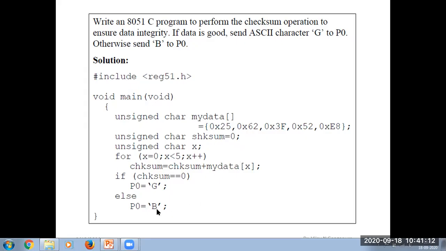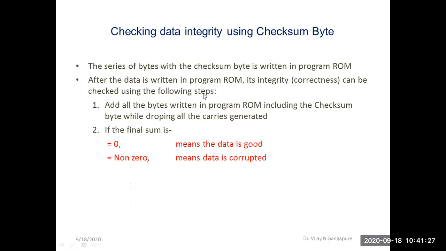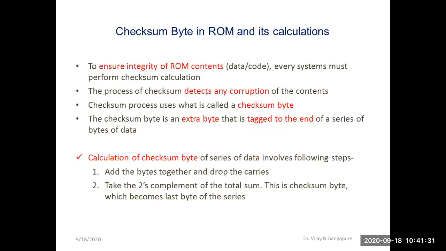So if the data is corrupted or bad, then again we have to repeat the process of writing these bytes into program ROM. In this way we can use the checksum byte to check data integrity of data written in the ROM or program ROM of a microcontroller. So this is very important.